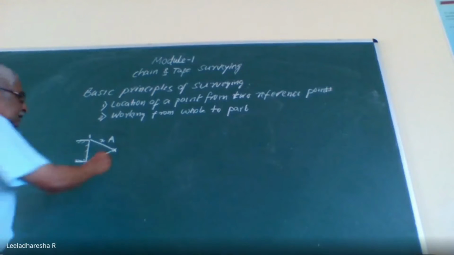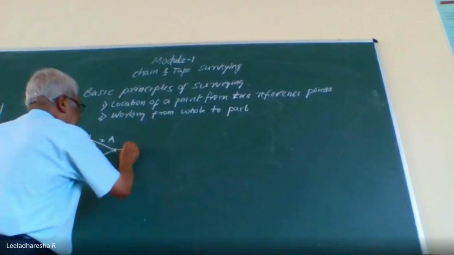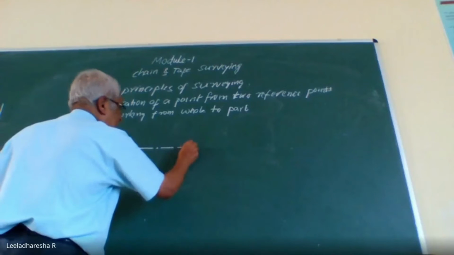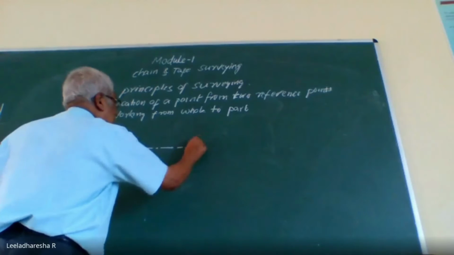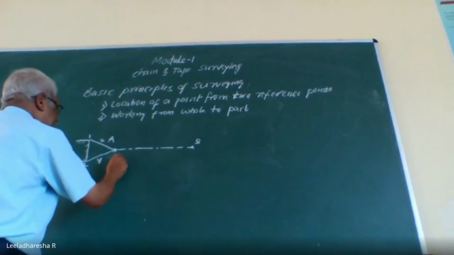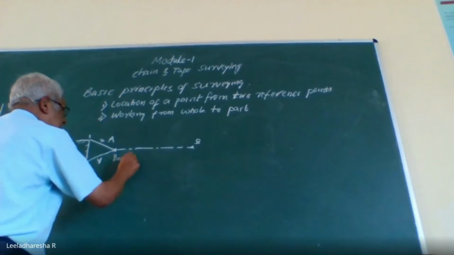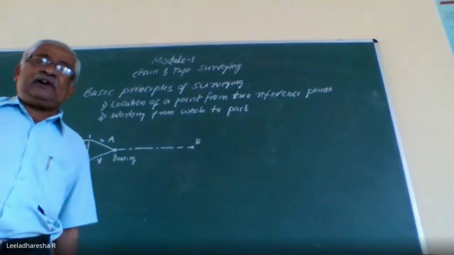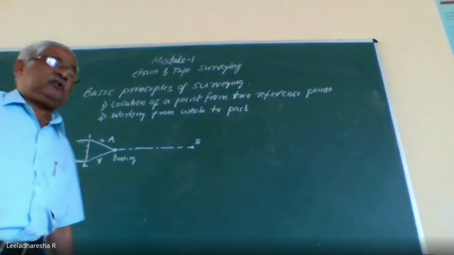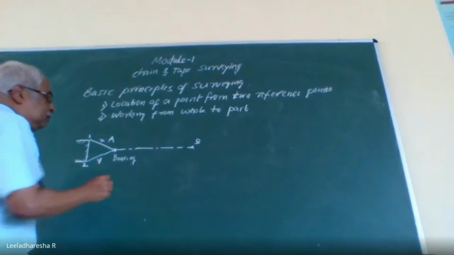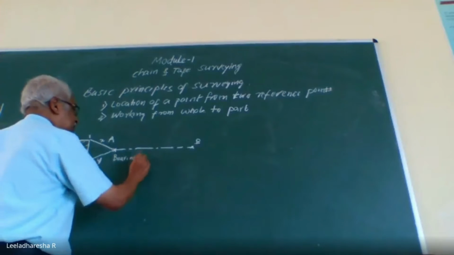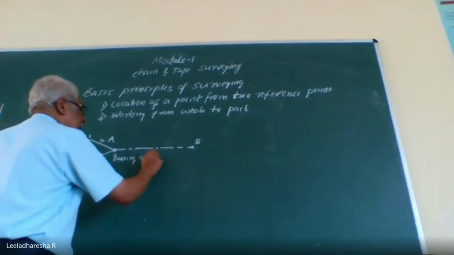And I want to continue my line, so I measure the direction of the line, say A to B. This we call the bearing of line, because we will be using either a prismatic compass or surveyor's compass to note the direction of a line. This is called bearing of line AB.